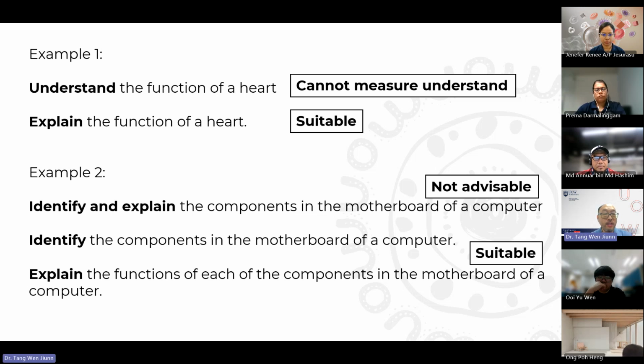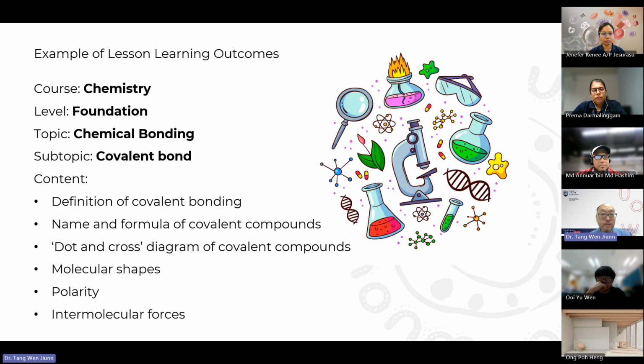Later on, once we have all these lesson learning outcomes, the students can use them to self-check which parts we have covered, or whether they would manage to answer questions related to this lesson learning outcome. This is just an example of what we should do so that we can have very well planned lesson learning outcomes.